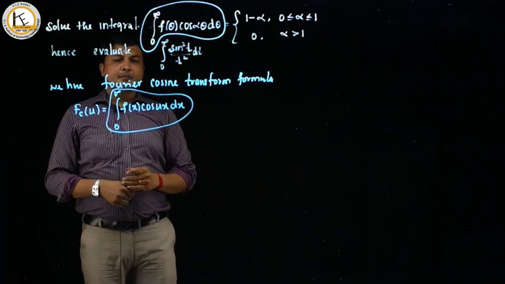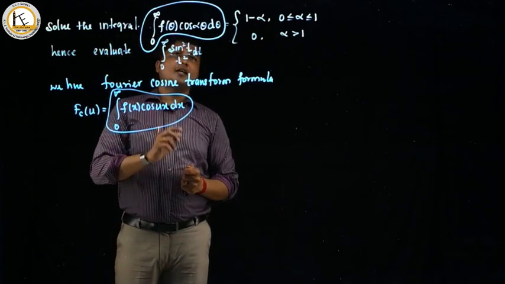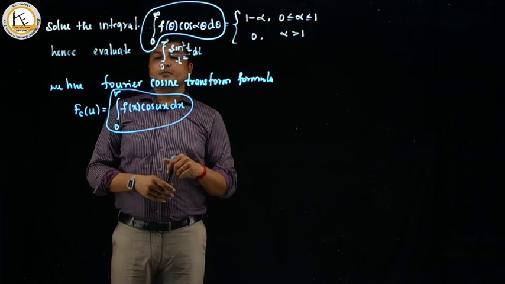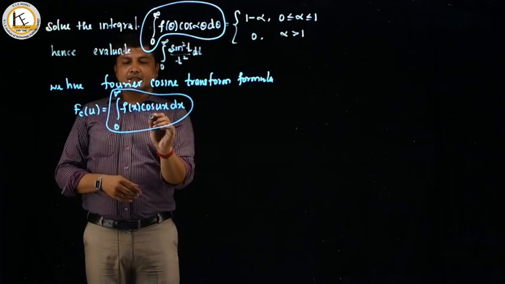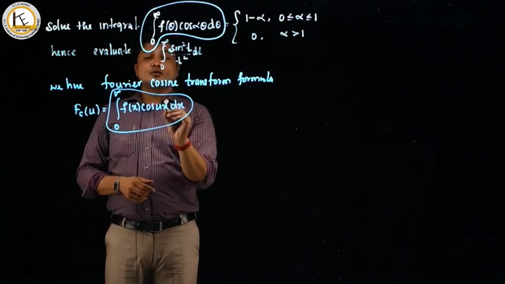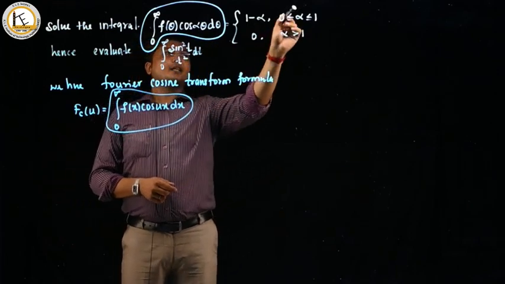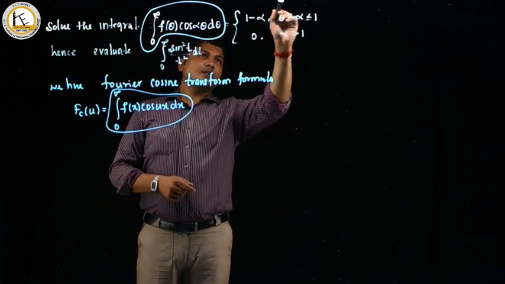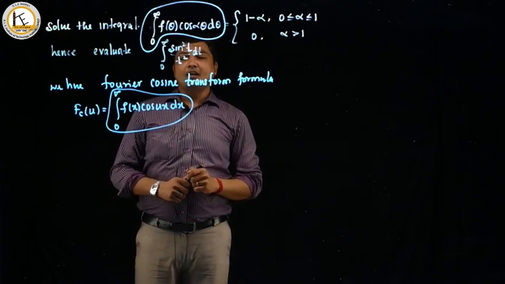So it's very simple, just replacing x as theta and u as alpha. So this integral is equal to fc of u, but in place of u, we are having alpha. It means that this function, what they define, is representing fc of alpha.